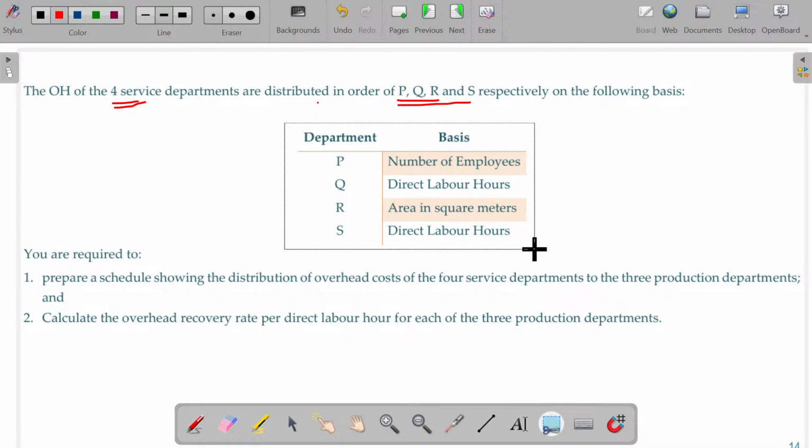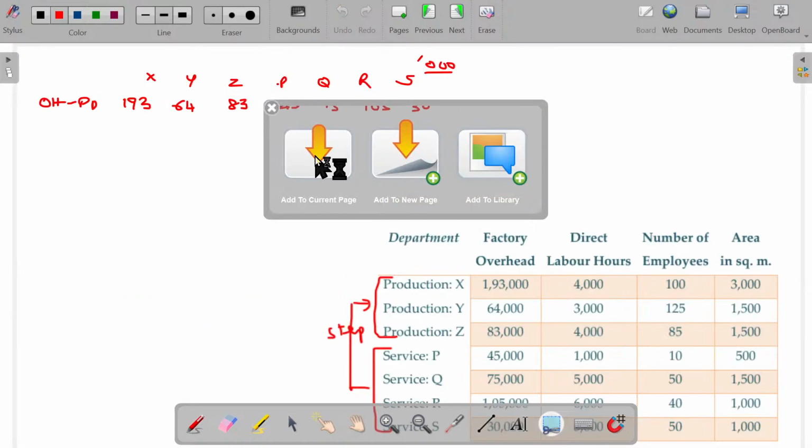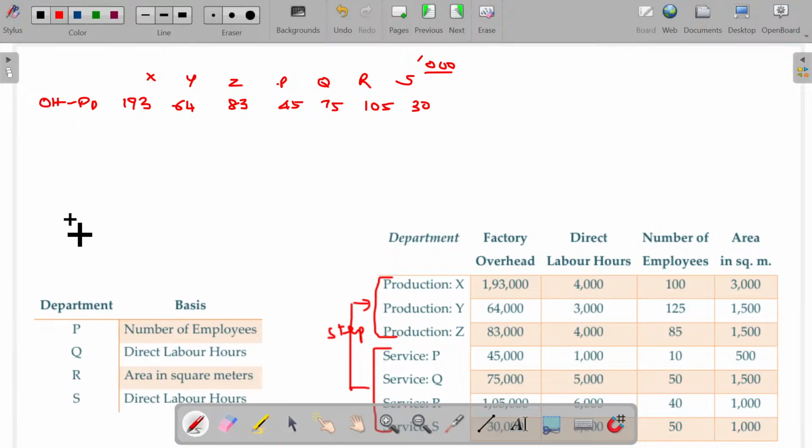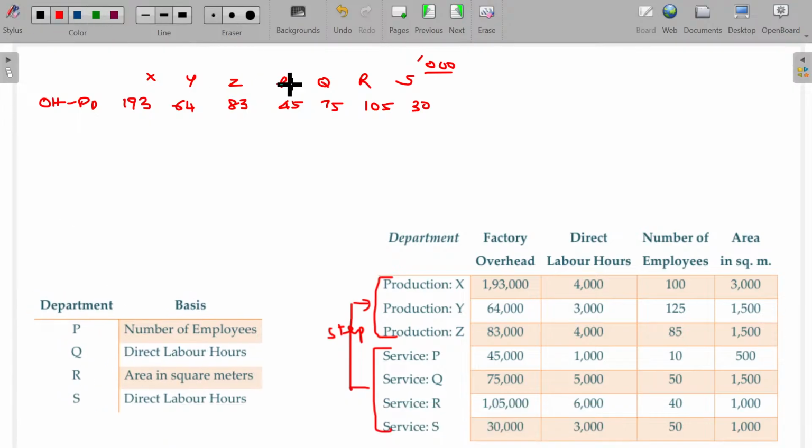Okay. So P department you have to distribute first, then second, third, and fourth. P department overhead, how much is that? 45,000. Which method will be used? Number of employees. So distribute P department's overhead to the others using number of employees.